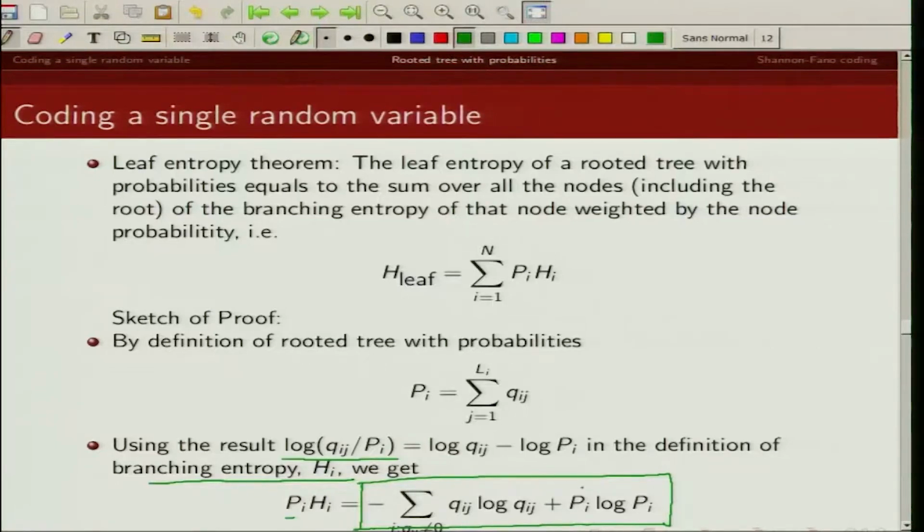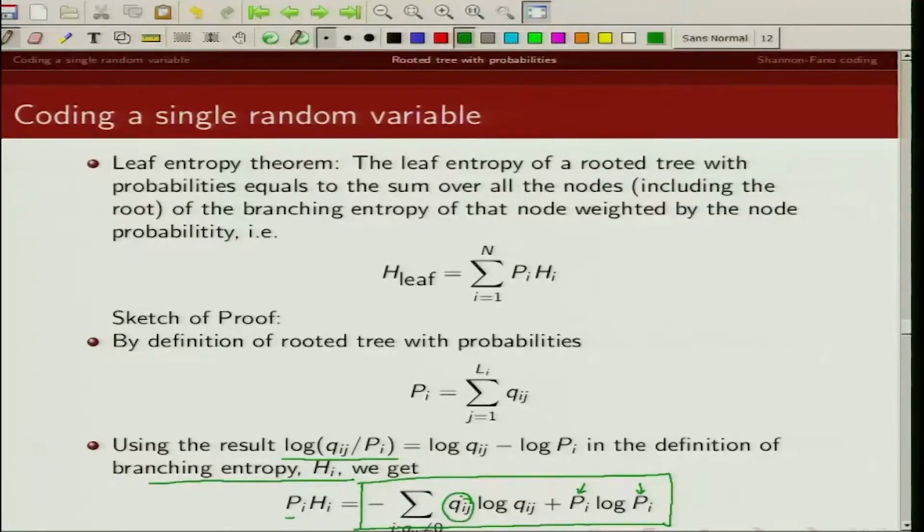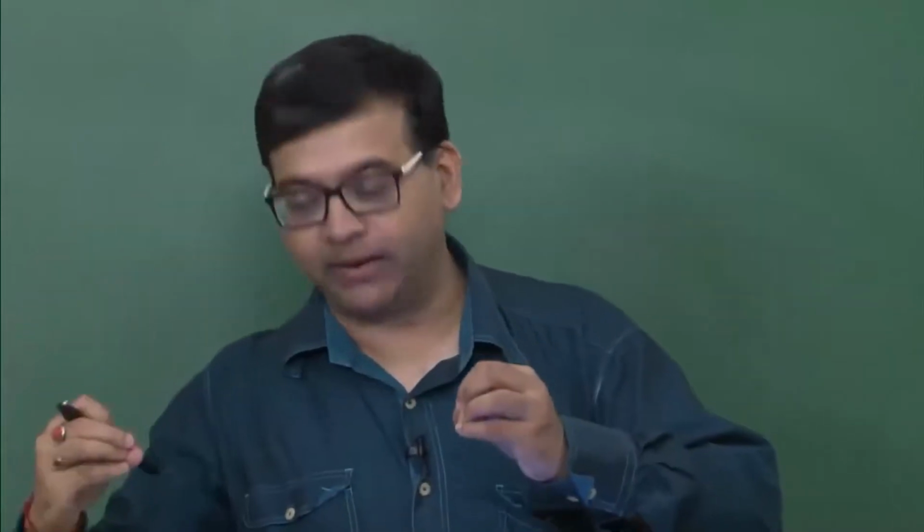Okay. Now what is this Pi? Pi is the probability of that particular node. And what are these Qij's? Qij's are the probabilities of nodes and leaves stemming from that particular node at depth 1.